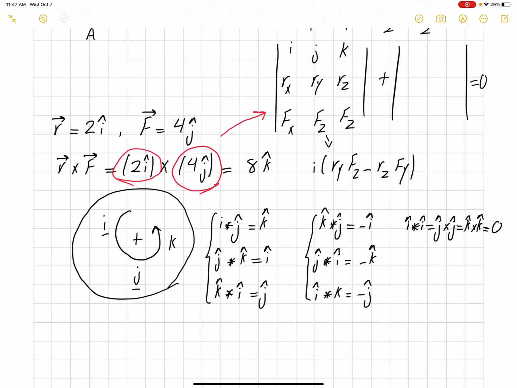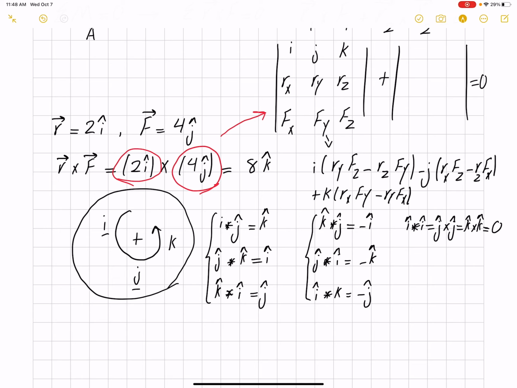Then I have the j component, which would be rx Fz minus rz Fx, as well as the k component. The k component would be rx Fy minus ry Fx.